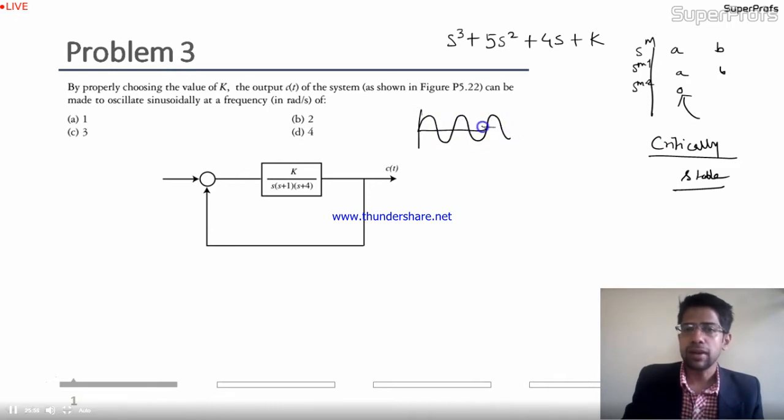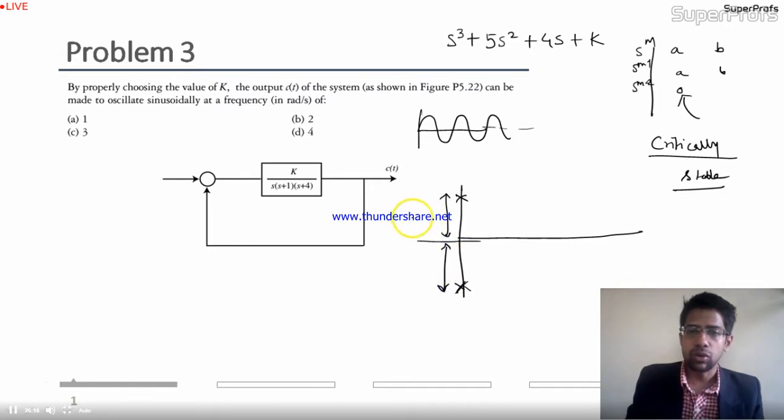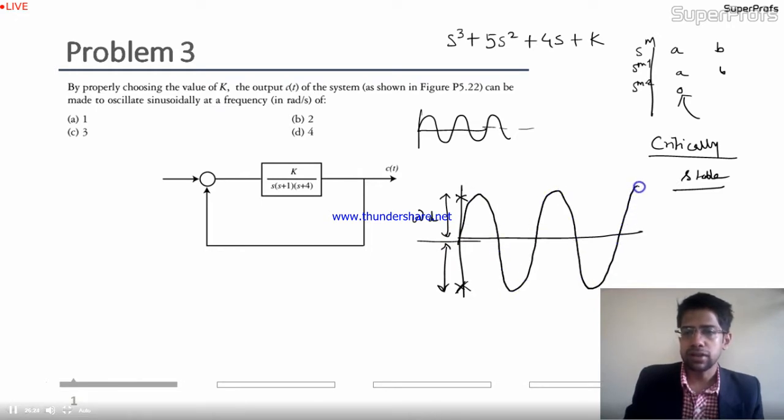Now, when you get such a response, when you have two complex roots on the imaginary axis of the S-plane, like this, and this is the value omega, then you get such a response of the system.